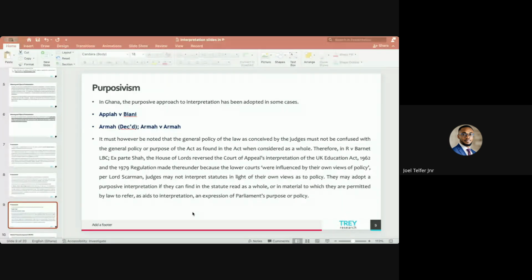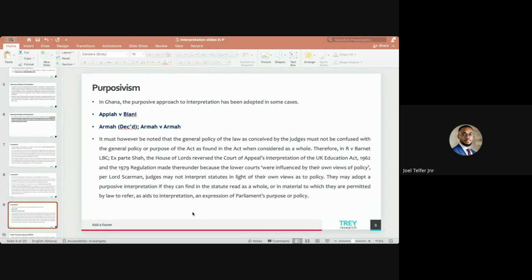And I'm saying that you may decide to go with your strict constructionist approach, but now you are enjoined by law to use the purposive approach to interpretation. So, like you said, in order to determine the authorial intent or the true intent or the general legislative intent, you must be able to draw down using the purposive approach to interpretation by looking at the legislative antecedents, the pre-parliamentary materials, the memorandum, all those other things that we've talked about that help in understanding the purpose of the enactment.